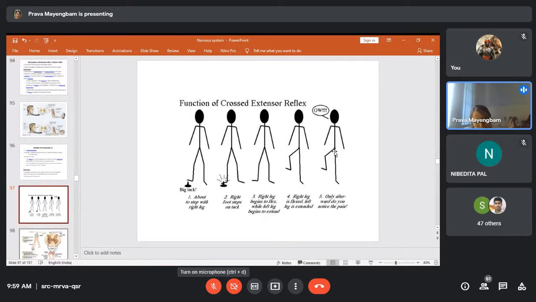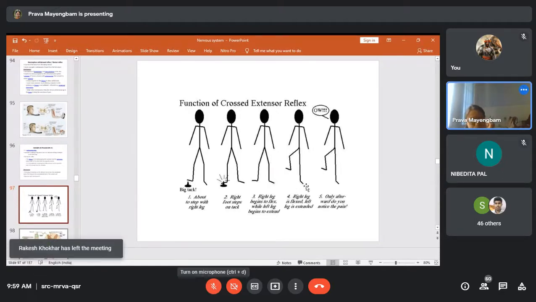The center of gravity of this person is shifted and it is carried by this muscle, and the opposite extensor group of muscles are involved when the stimulus goes to the opposite side.